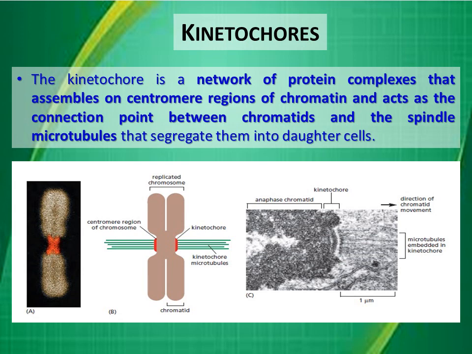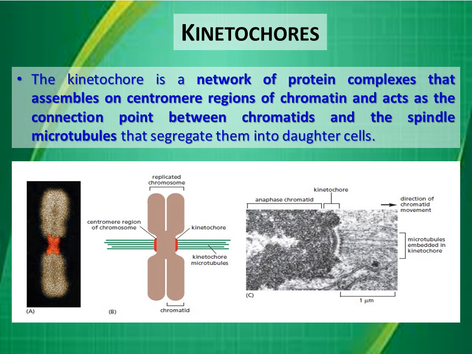In this picture, A is a fluorescence micrograph of a metaphase chromosome stained with a DNA binding fluorescent dye and with human autoantibodies that react with specific kinetochore proteins. The two kinetochores, one associated with each sister chromatid, are stained red.